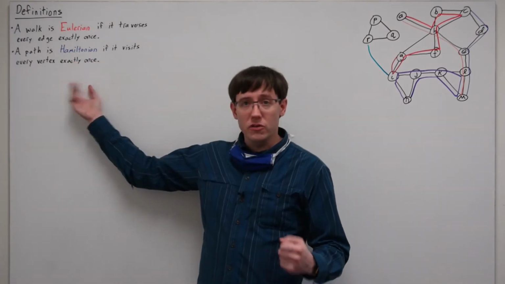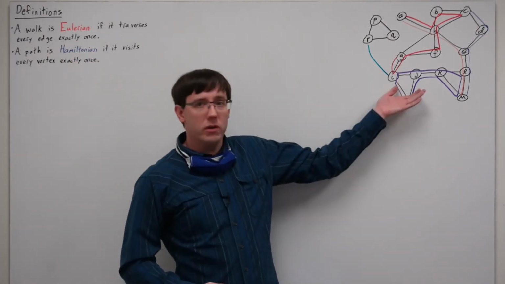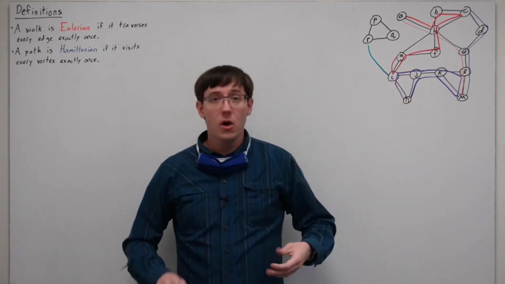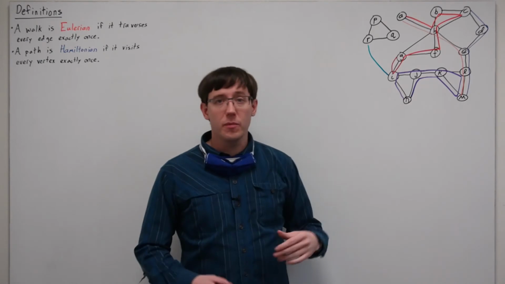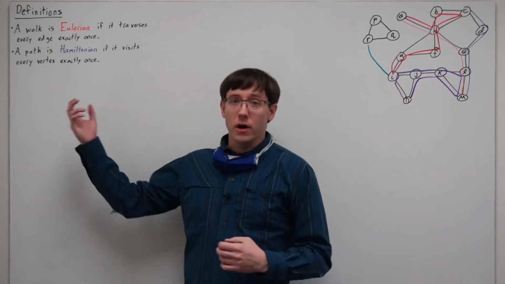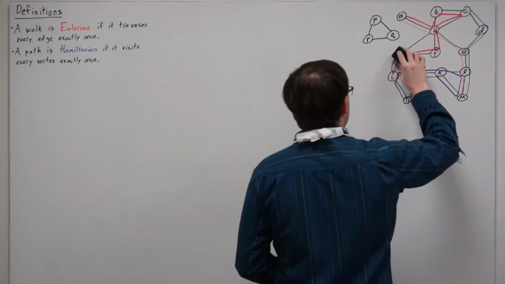Under these definitions, it's clear that none of the walks we've drawn so far are either Eulerian or Hamiltonian. So let's reset our graph and think about whether it has any walks that meet these criteria.